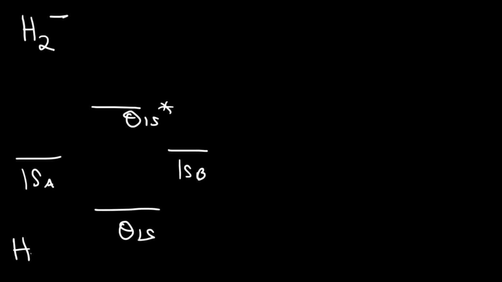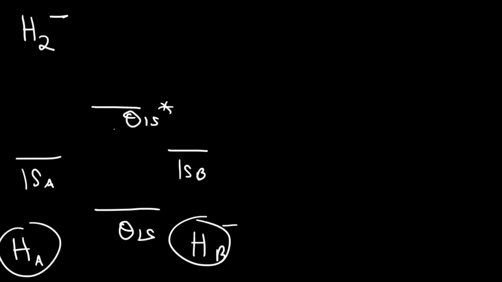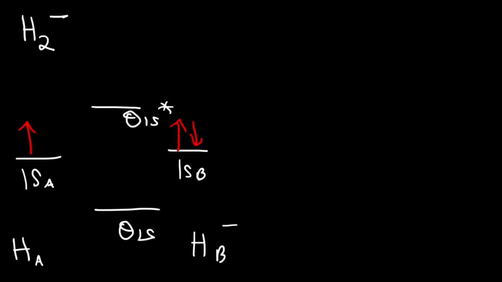So now let's say this is the hydrogen atom and this is a hydrogen ion. When we add these two, we can get the H2- ion. So hydrogen A has only 1 electron. Hydrogen B has 2. So first, according to the Aufbau principle, we got to fill up the lower energy levels first before we fill up the higher energy levels. So the molecular orbital diagram looks like this.